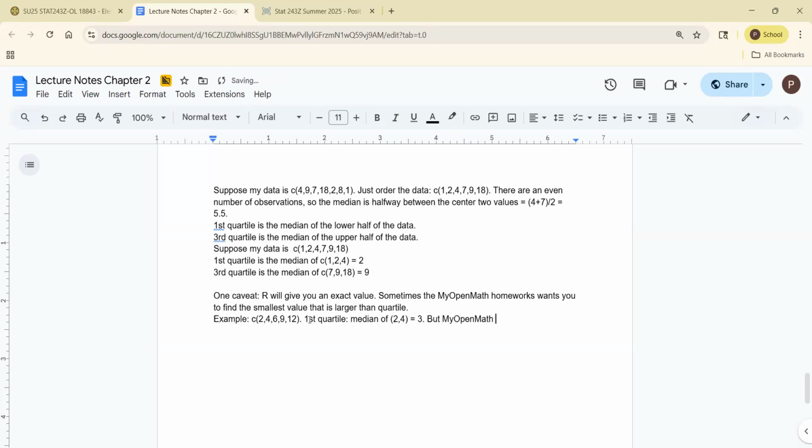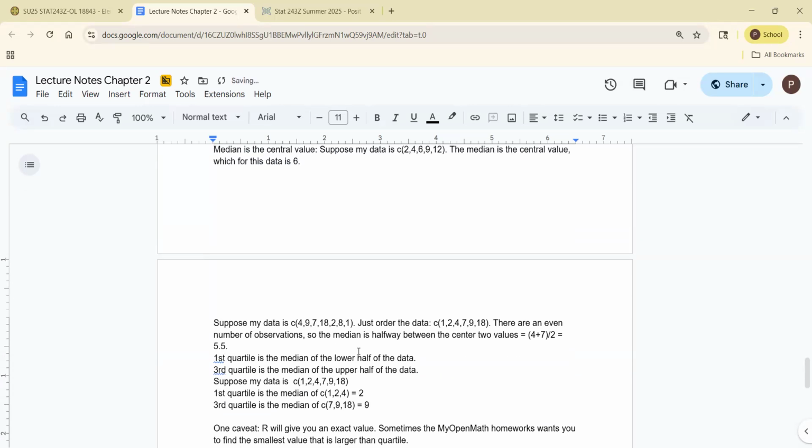But my open math may want you to report that the first quartile is an actual observation from the data set. And that's just a warning. If you use R and you put in the first quartile and it says it's wrong, then go back to your data and find whatever number is in your data set and the smallest value in your data set bigger than what R told you, and try that instead. All right, so that's a 5-number summary.